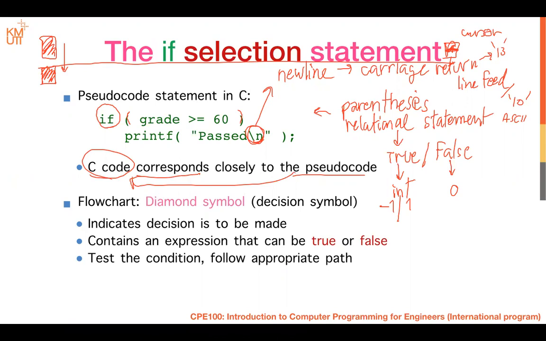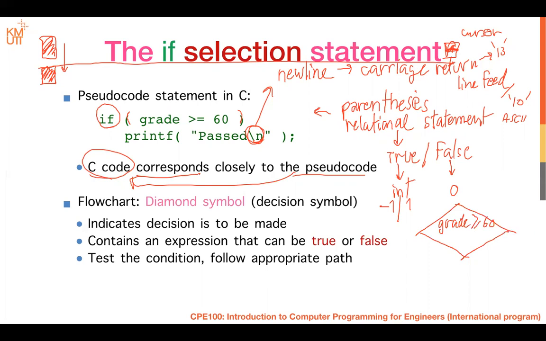Okay, the next flowchart symbol that you need to know is the diamond symbol, or we can call it the decision symbol. This is the diamond symbol. We use the diamond symbol here to represent the decision, right? Like in this way, you can write grade is greater than or equal to 60.